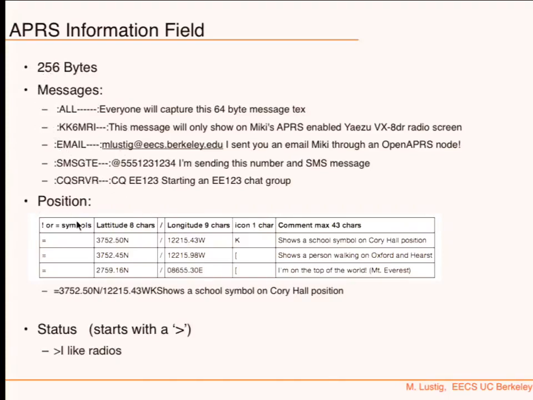The next type is position. Position starts with either an exclamation point or an equal symbol. It then puts latitude in 8 characters, slash, longitude in 9 characters. Why do you need 9 instead of 8 for longitude? What's the maximum latitude?